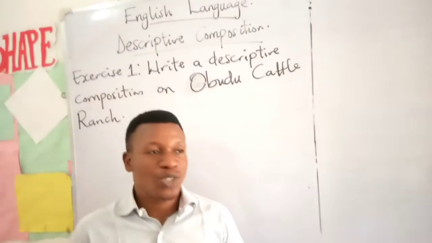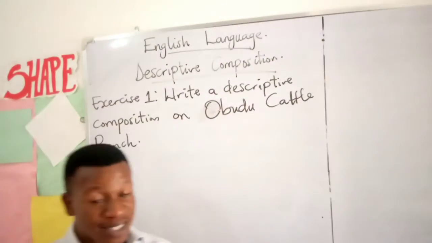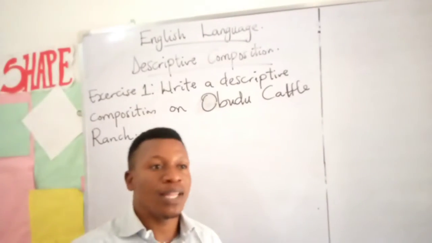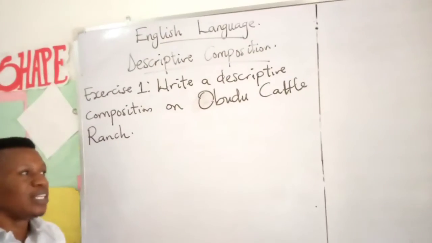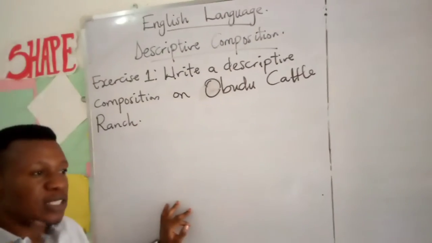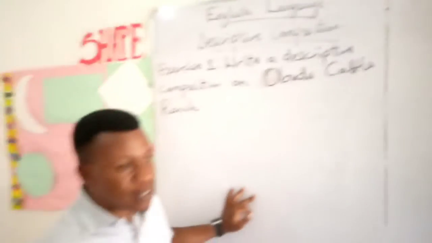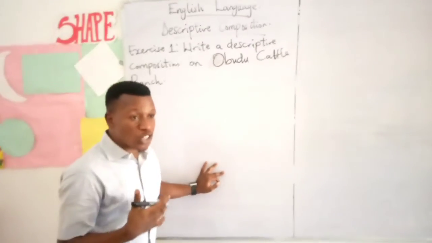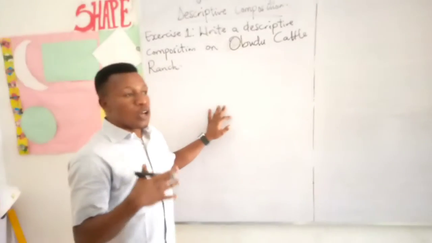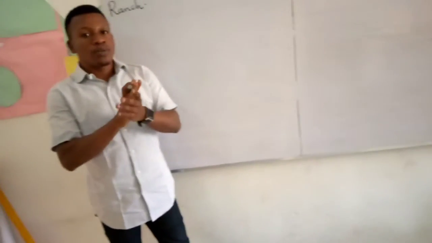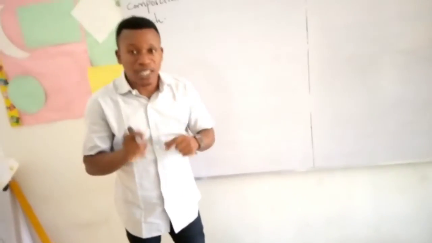Welcome back again. Today we're still looking at the same topic, descriptive composition. Remember the last time we talked about descriptive composition? I explained what a descriptive composition is, and I also went further to look at some of the features when writing one. For example, we said every descriptive composition must have a title.